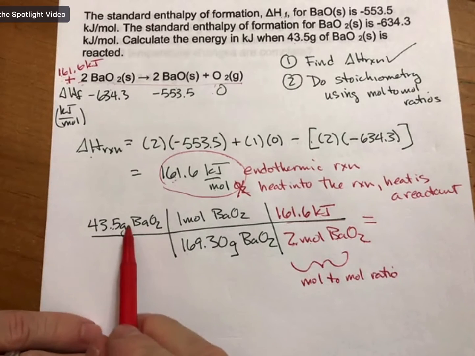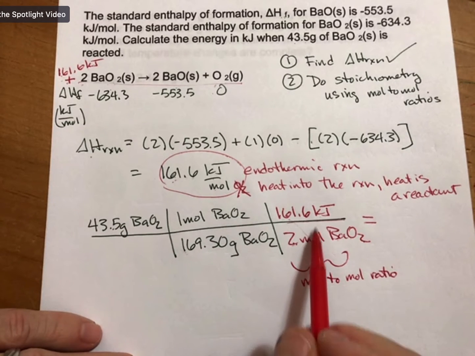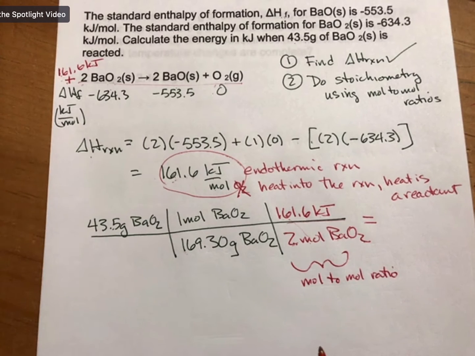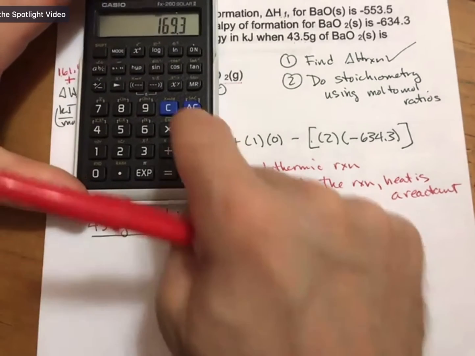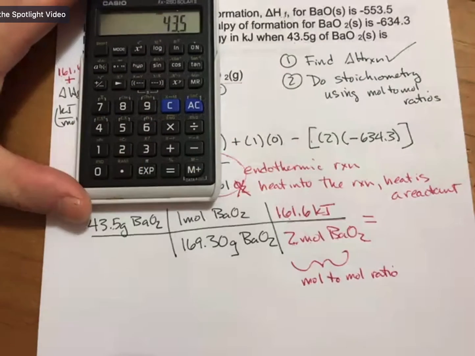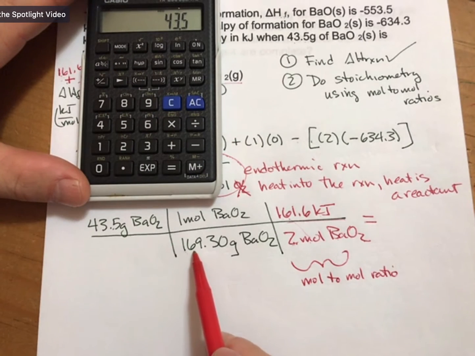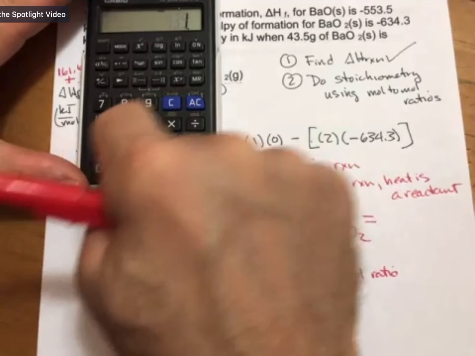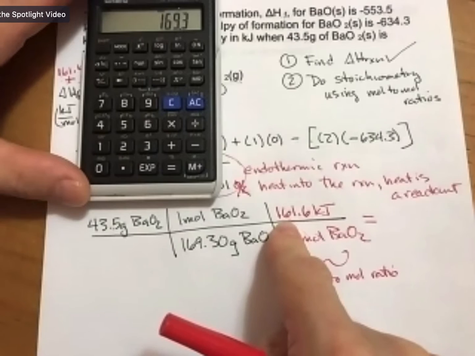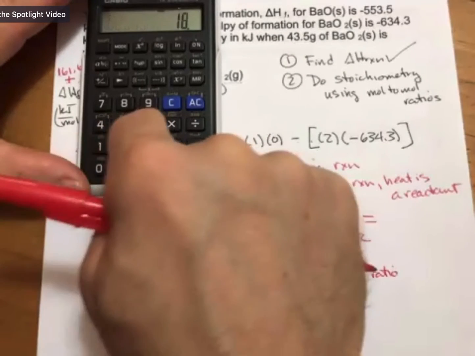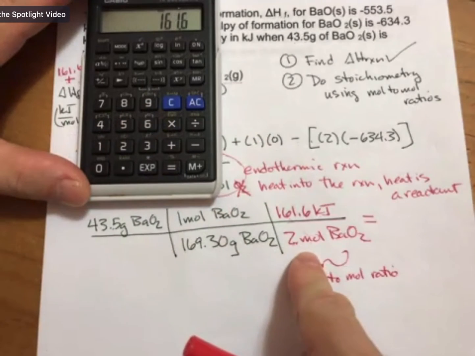So now I have all of my work set up, and I just have to multiply it out. I get 43.5 divided by 169.3 times 161.6 divided by 2.